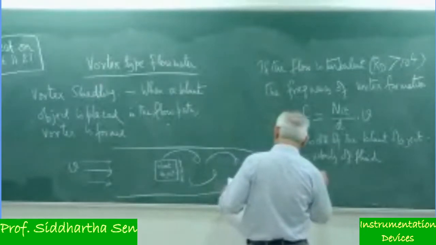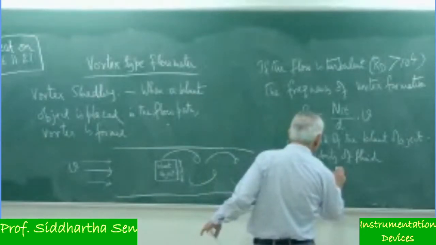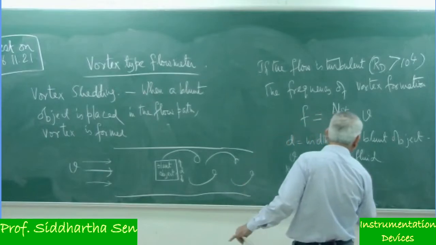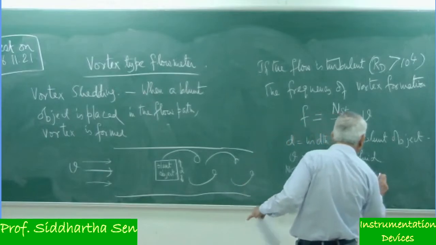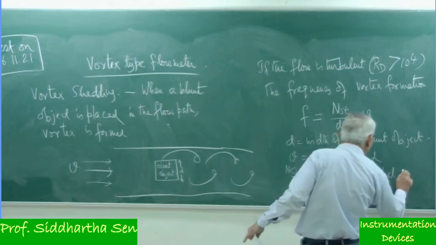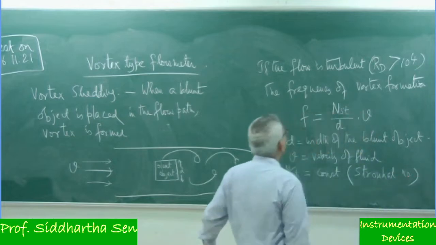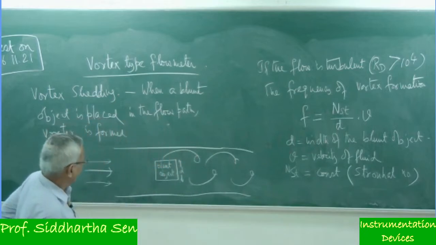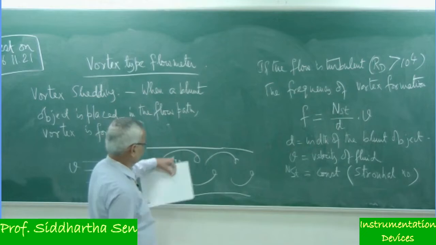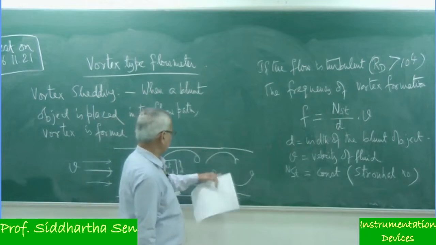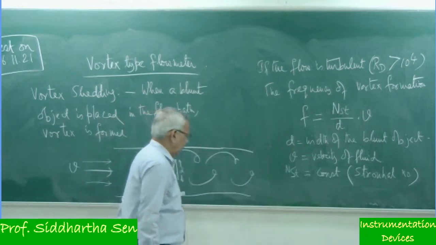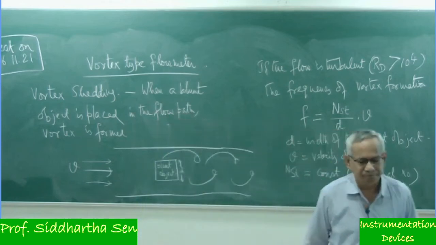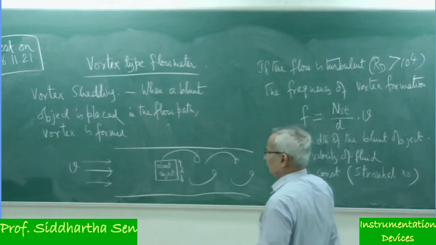This is called the Strouhal number. Basically, it came from the fluid dynamics area, that this frequency of vortex, the local turbulence, is proportional to the velocity of the flow.